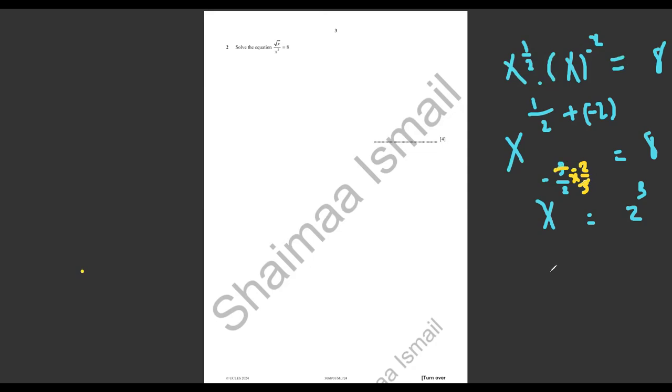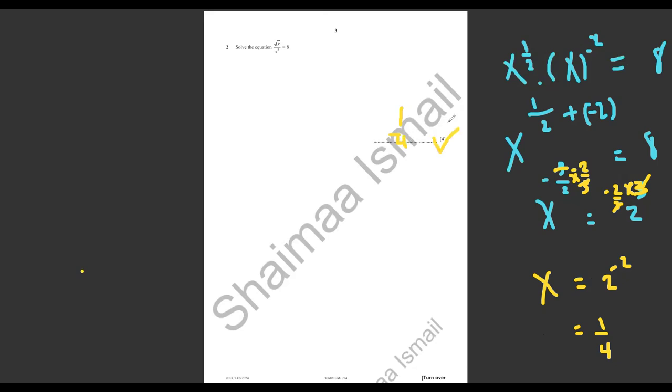So here it will be x, and the 3 also I'm going to multiply by negative 2 over 3. So x would be equal to 2 to the power of negative 2, which equals 1 over 4. And we did it.